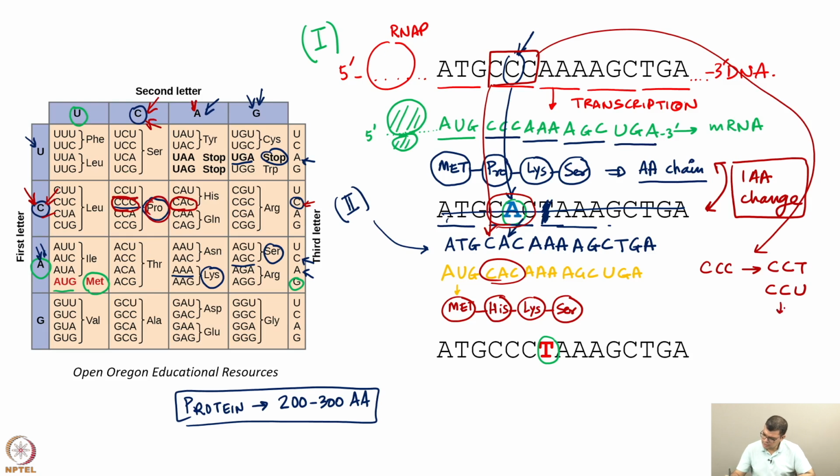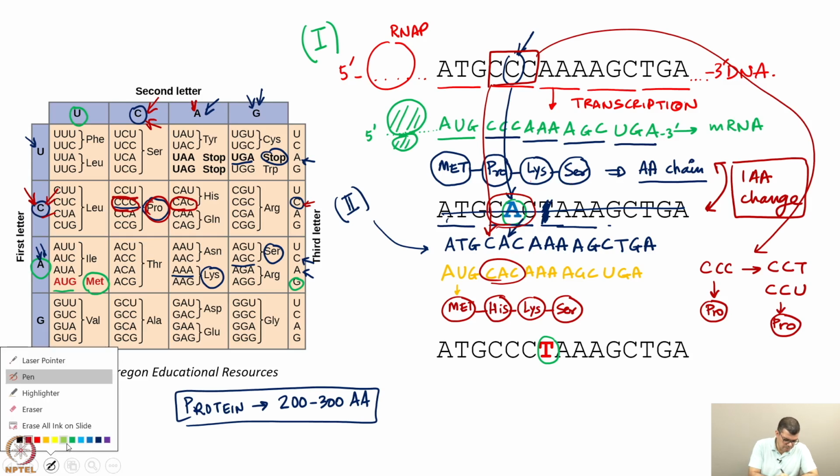So, in this case CCC corresponded to proline and CCU also corresponds to proline. So, even though a nucleotide change happened, no change in amino acid sequence happened. The amino acid sequence would still be methionine, proline, lysine and serine.